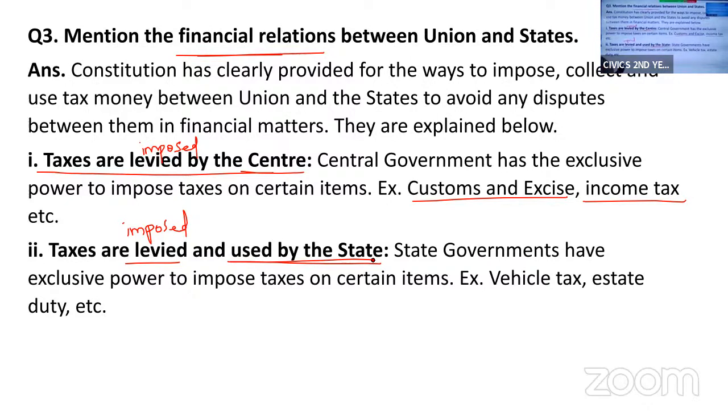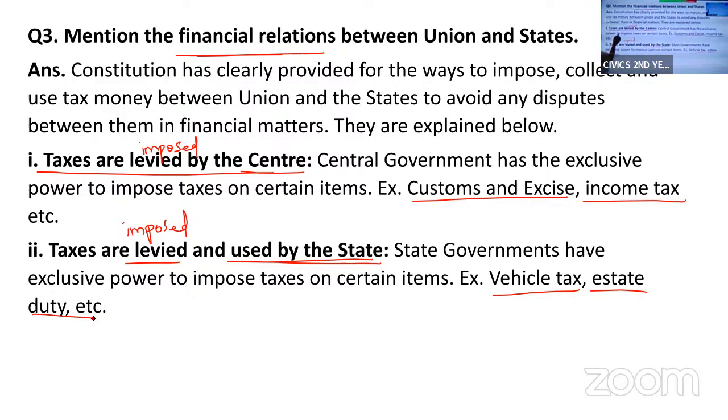Like vehicle tax, estate duty. When you buy property and get it registered, you have to pay some tax. That is imposed by the state government and used by the state government only.